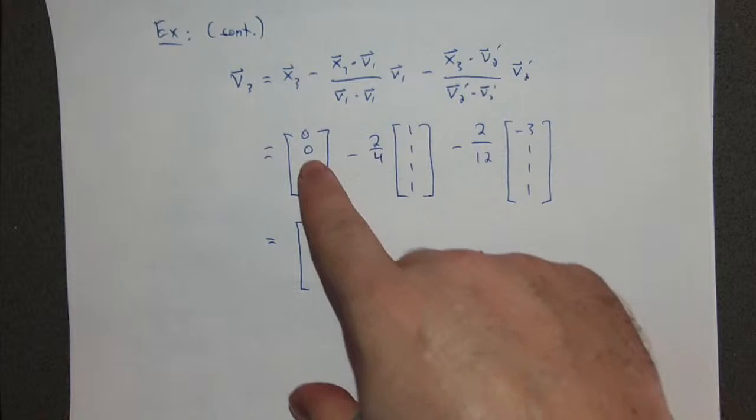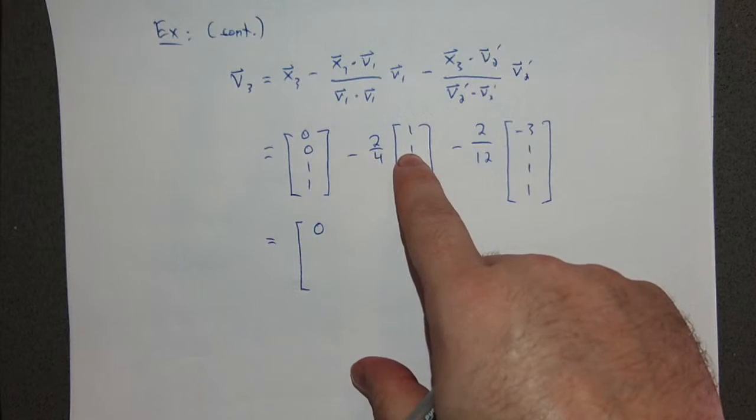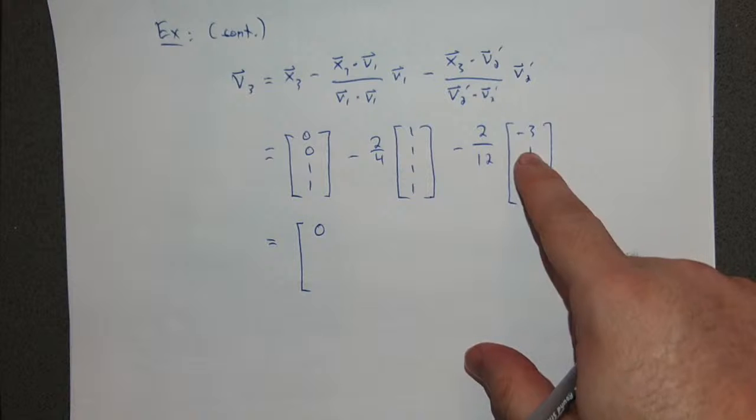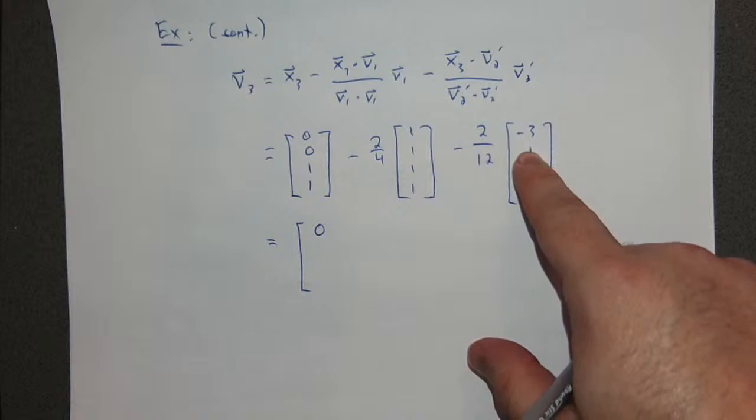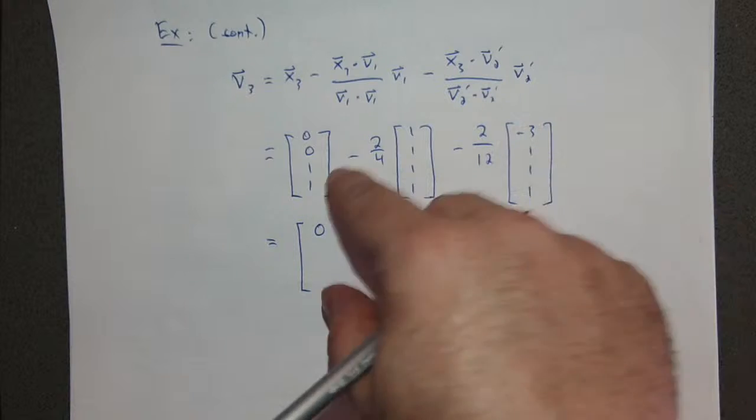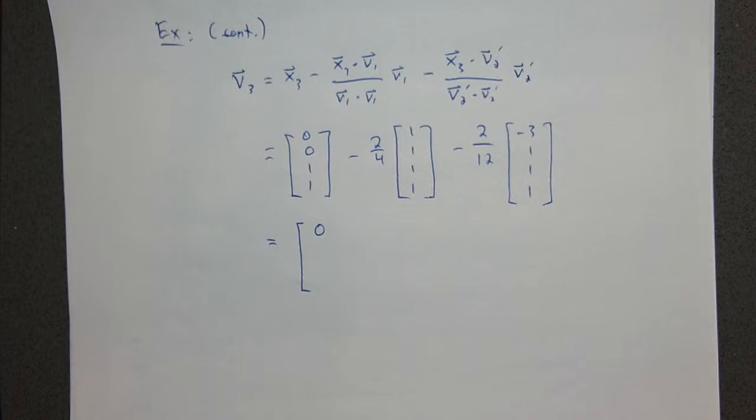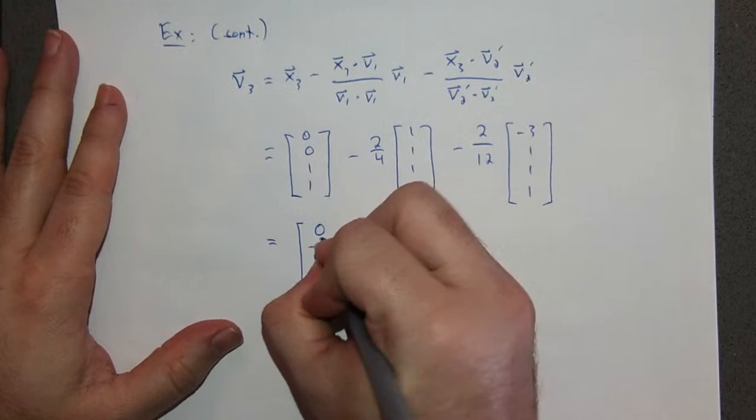And then next, this is 0 minus 1/2 minus 1/6. 1/2 is 3/6. So this is 0 minus 4/6. So it's minus 2/3, right? So yeah, this is minus 2/3.